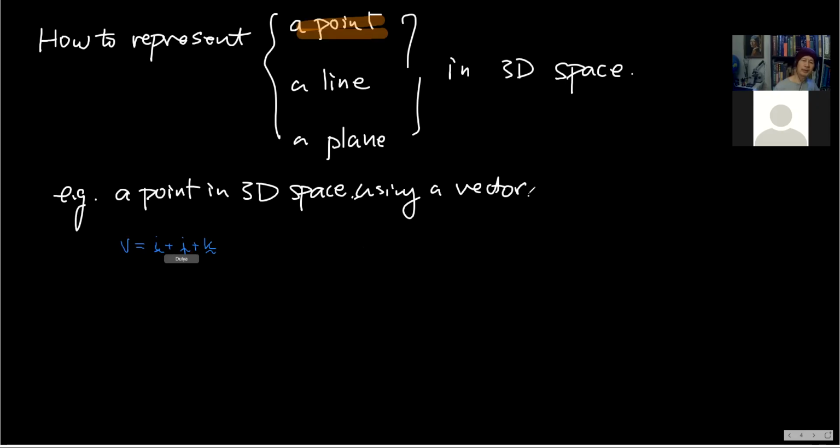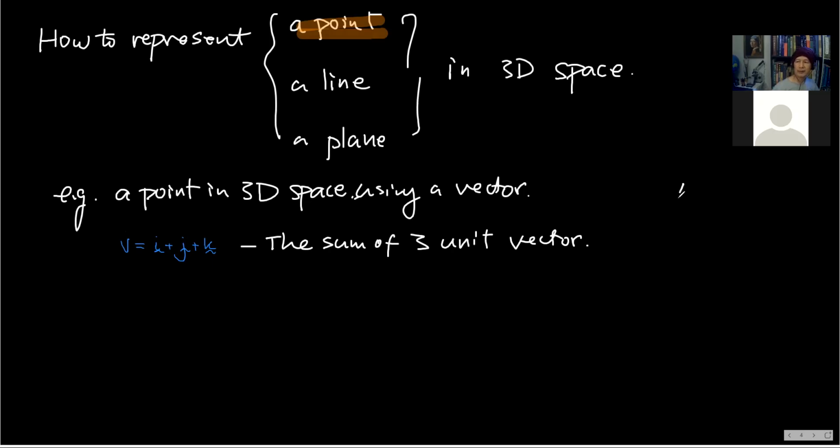So what is this? This is a sum of 3 vectors, right? Can we translate your idea? So this is the sum of 3 unit vectors, right? Is that what you mean? Is this a vector as well? The sum of vectors.